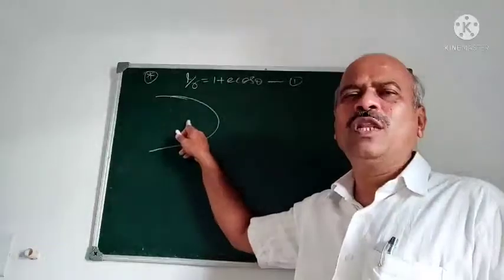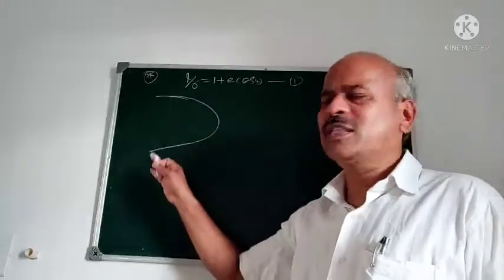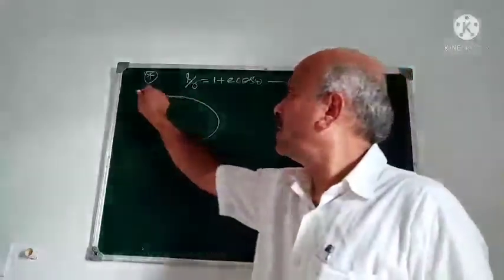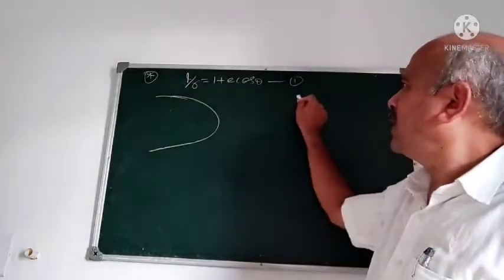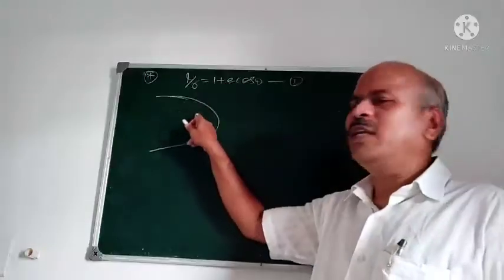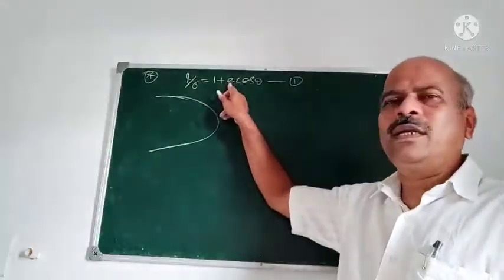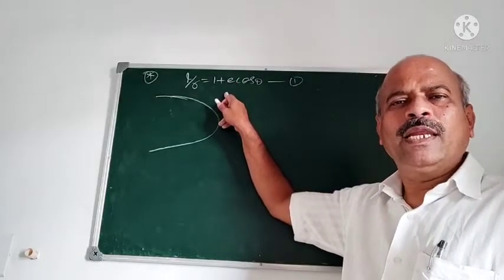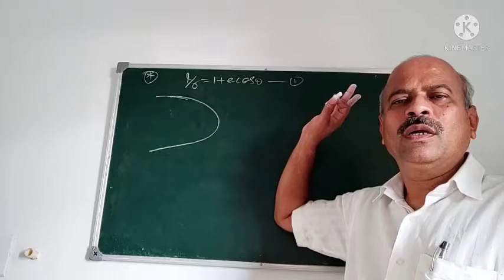I have not taken only a parabola. If I continue like this, it becomes an ellipse. If I take one more branch here, it becomes a hyperbola. For E equal to 1, it is a parabola. E less than 1, ellipse. E greater than 1, hyperbola.